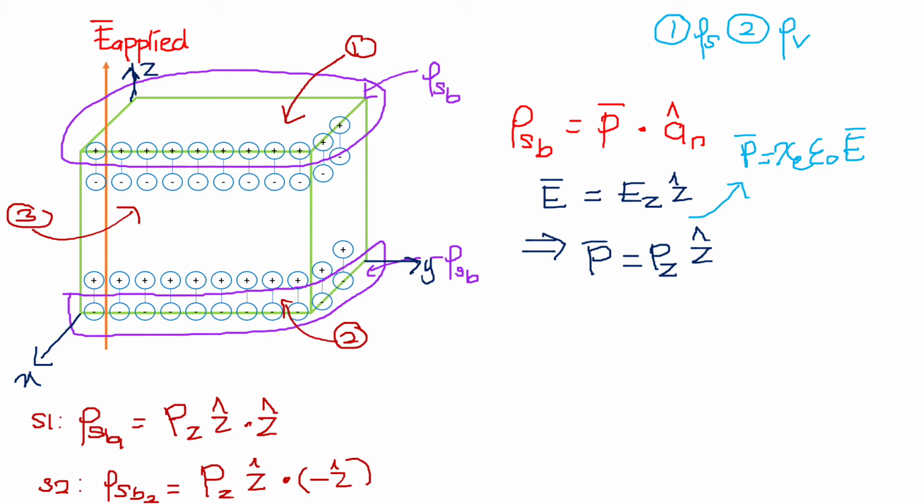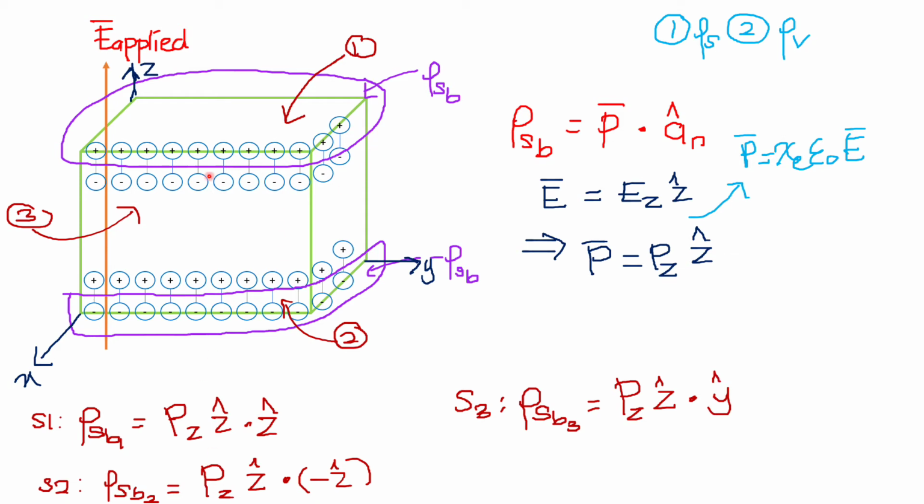Now we continue with the third surface. I will name it rho SB3. This will be equal to P_z in the z direction dot the y unit vector. Why?